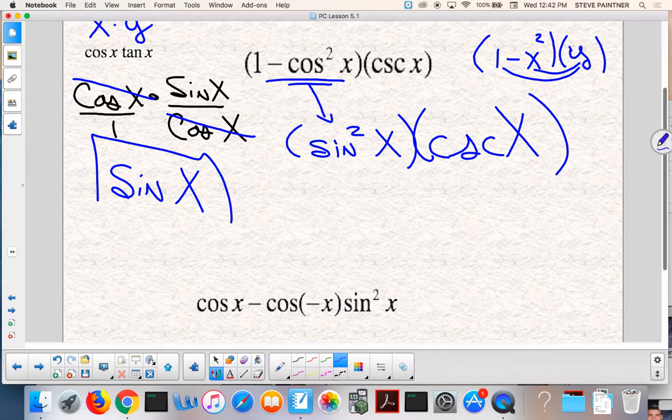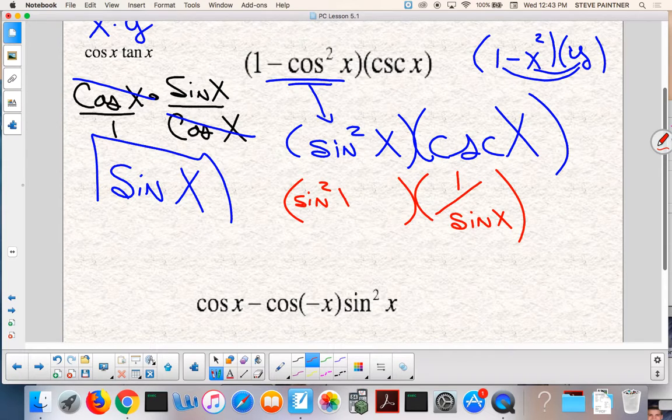Yeah, go ahead, Morgan. Change the cosecant to 1 over sine. Okay, change the cosecant to its reciprocal. Its reciprocal is 1 over sine, right? Then multiply it by what? Sine squared. Just rewrite it like that.